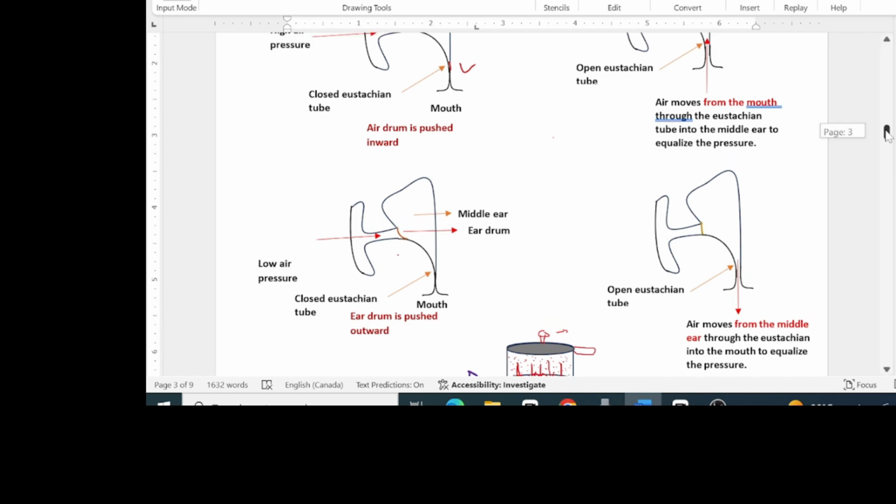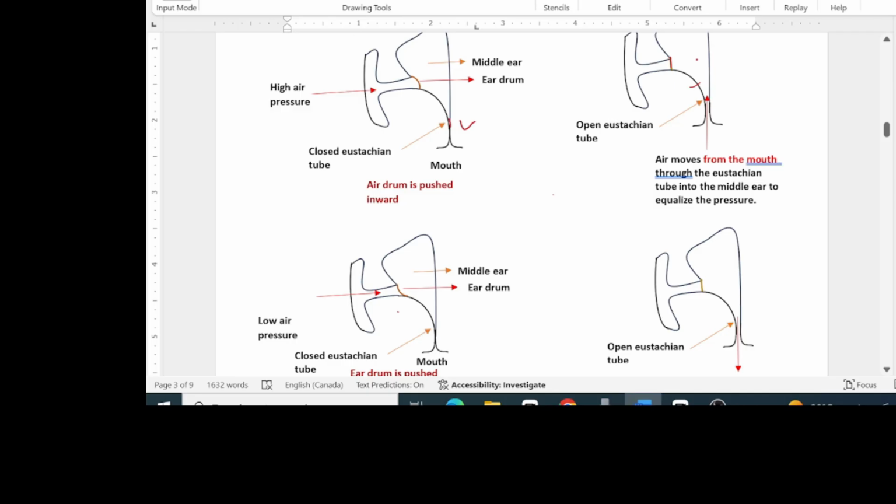When we are at the top of the descent, the pressure inside here was greater. But now because the outside pressure is getting less, the pressure here and the pressure within the mouth is getting smaller and smaller, this pressure here relative to the pressure outside is greater, and now the eardrum pops in the other direction.